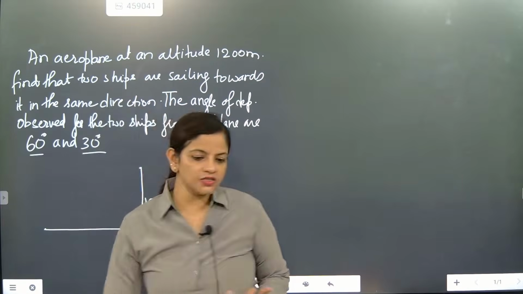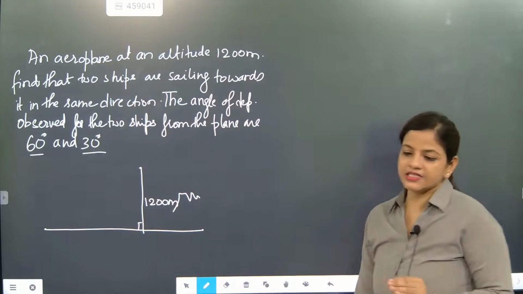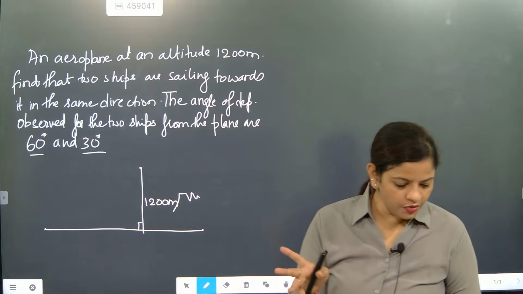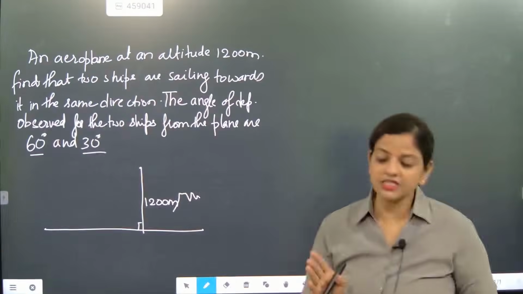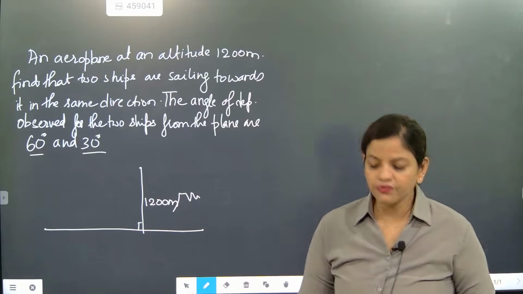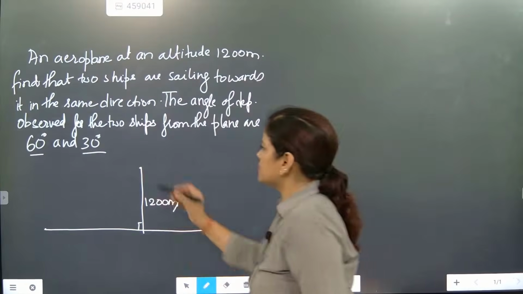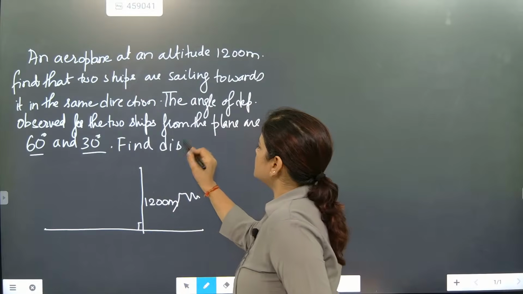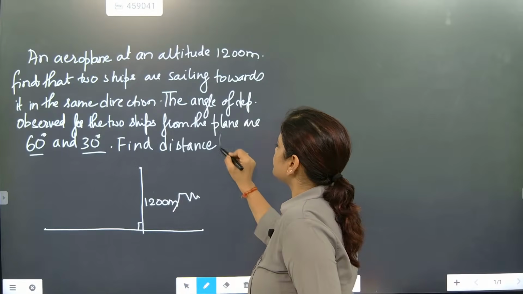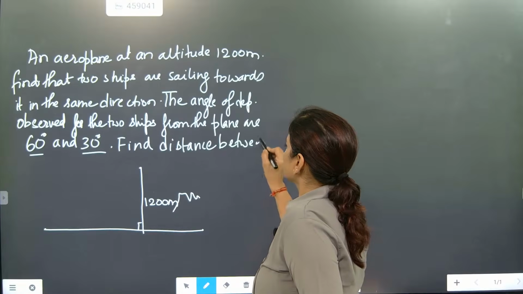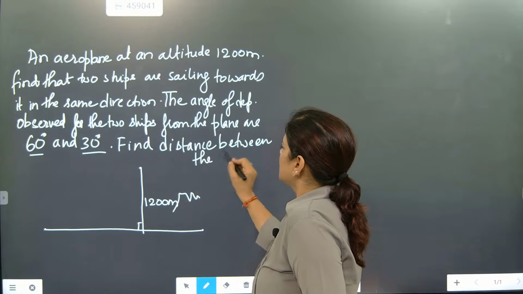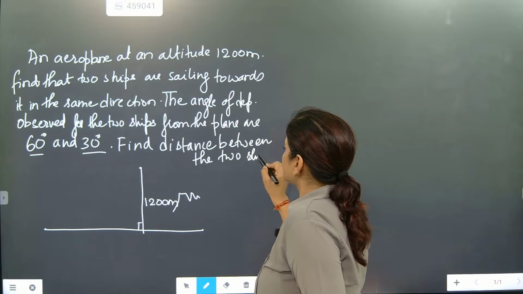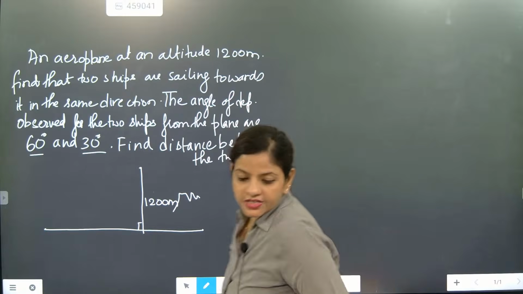Angle of depression is 60 degree and 30 degree. Now find the distance between the two ships. You need to find the distance between the two ships.